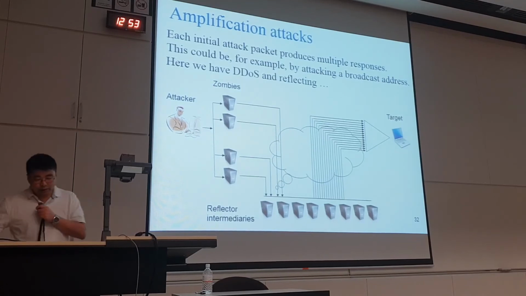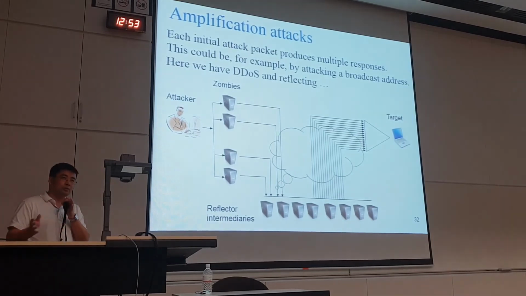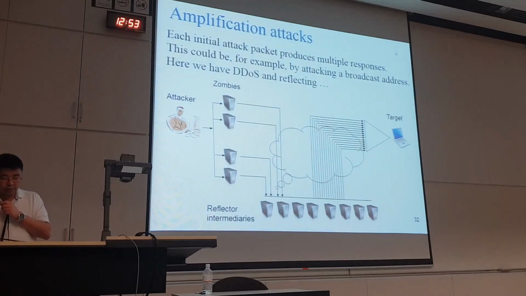In general, in a denial of service attack, in particular a distributed denial of service attack, the attacker can combine all these techniques to amplify the attack. So the attacker itself may not need to use a lot of resources. However, the volume created against the target can be huge.